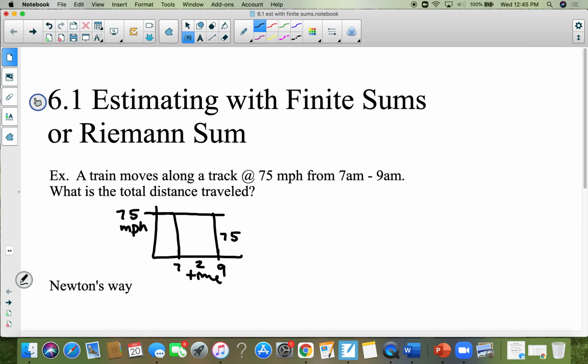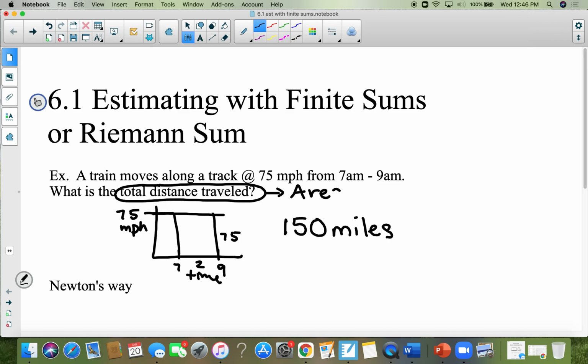So it's 150 miles it traveled. So basically, the total distance traveled is another name in calculus for the area. And to find the area of a rectangle, it's just width times length.